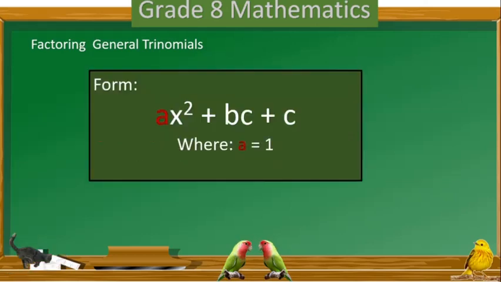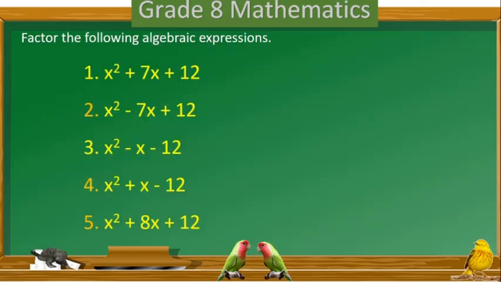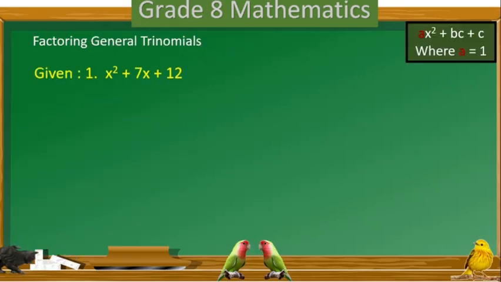Okay, let's start with the first form where a is equal to 1. Here are the examples. Let's take the first one. The first example is x squared plus 7x plus 12. All you have to do is look at the last term. The last term is positive 12.